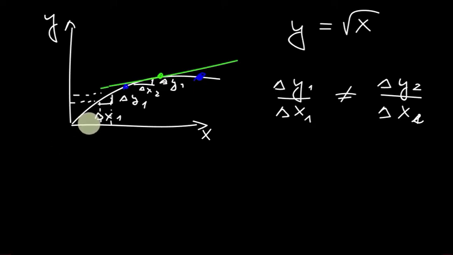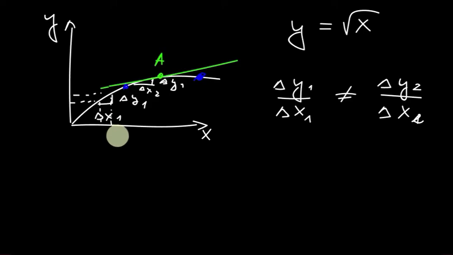We could calculate the slope of this tangent line, and we would get a slope for this point. Let's call it point A. So how could we do that?